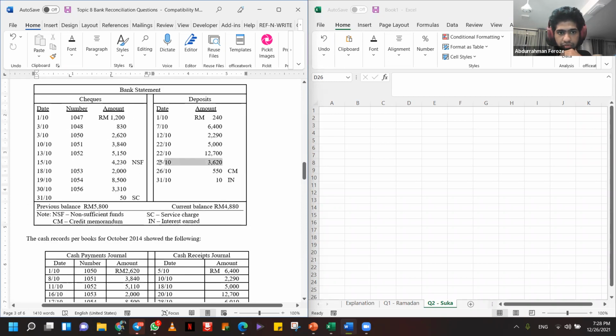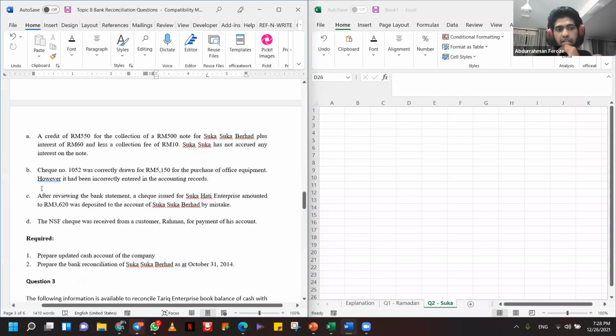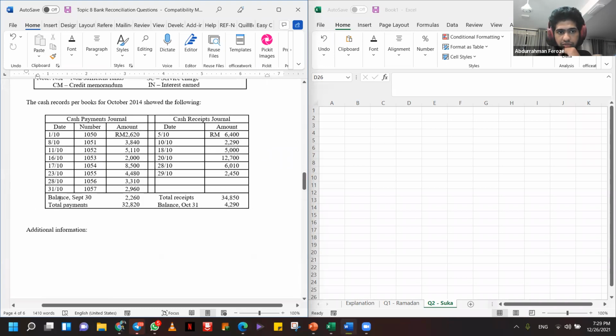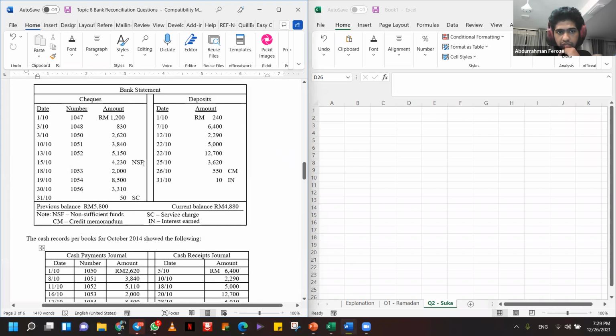So this amount is a bank error. The bank has mistakenly deposited money into the account of Suka Berhad, whereas they had to deposit into another account. So that also needs to be dealt with. That is what this means, right? And then thirdly, the NSF check was received from a customer, Rahman, for paying his account. Yeah, this is the NSF check.